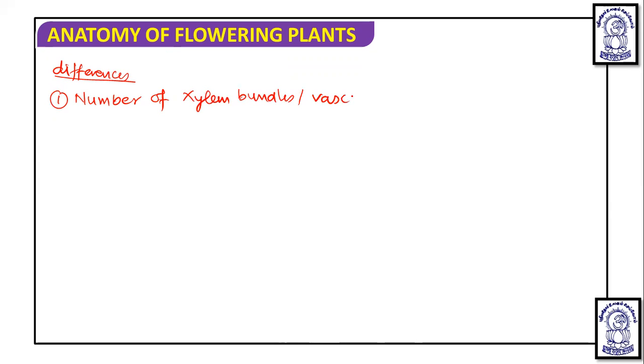So by seeing the internal structure of the root, which is similar to dicot root except some differences, the differences we have just noted are, number one, the number of xylem or vascular bundles is more than 6, or more than hexarch.